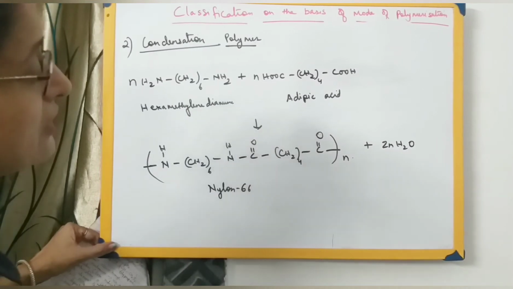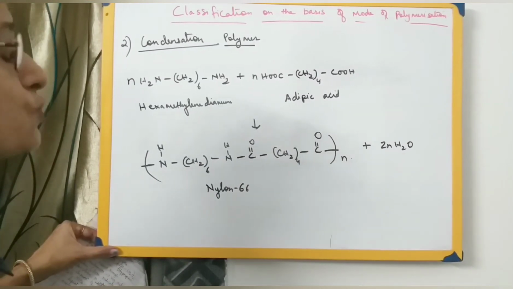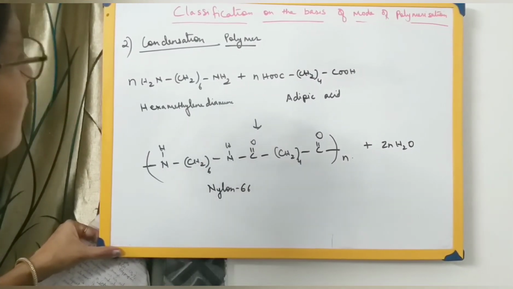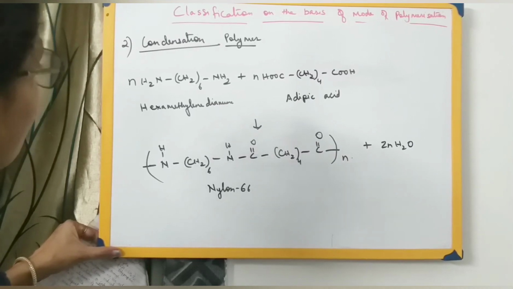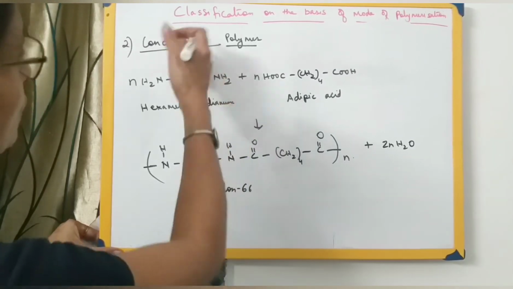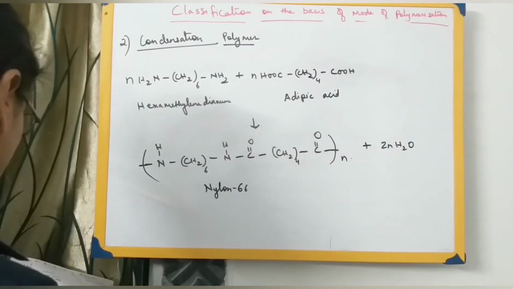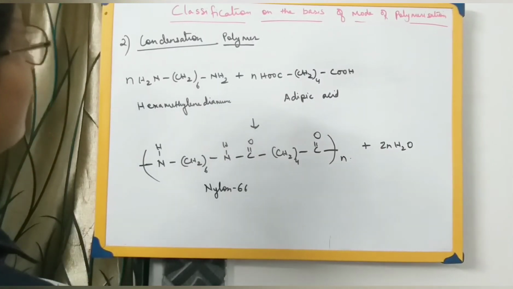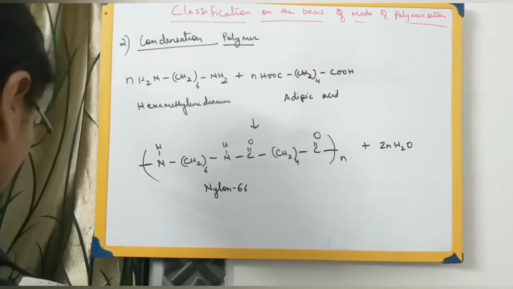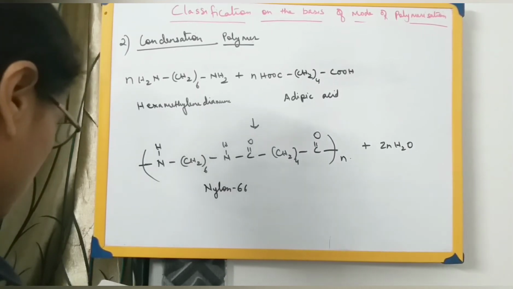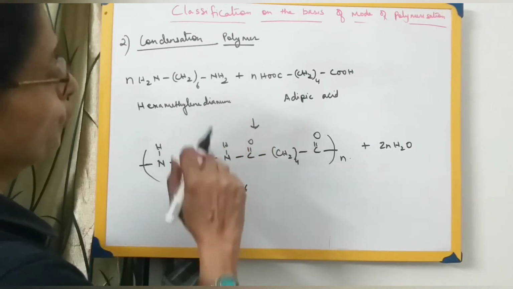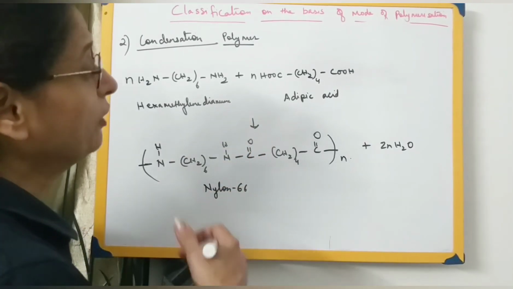When there is a loss of small molecules such as water, ammonia or alcohol, and a condensation process takes place, this type of polymerization gives a condensation polymer. So we can say a series of condensation reactions takes place between monomers having many functional groups.